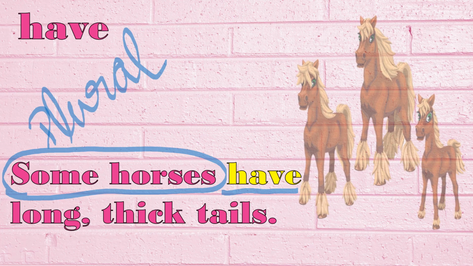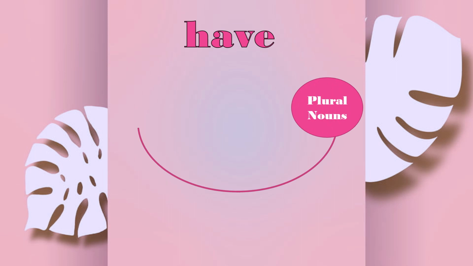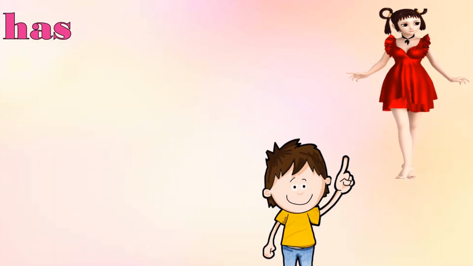So to show possession when the subject is plural, we use have. So kids, have is used with plural nouns and with I, we, you and they. That means whenever there are I, we, you, they at the place of subject or any plural noun, we use the helping verb have to show possession.